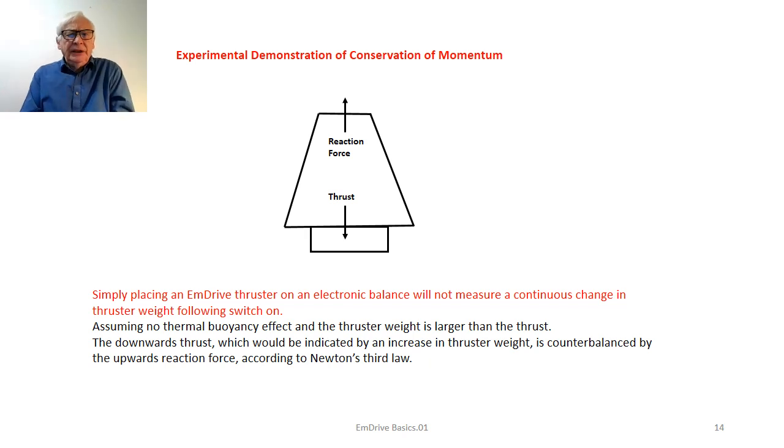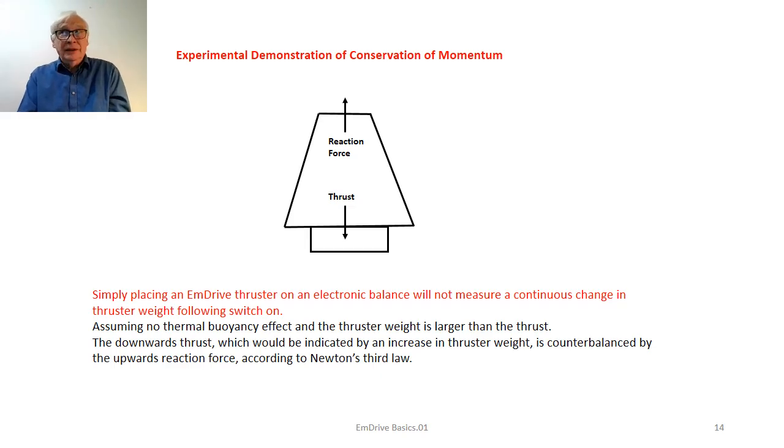Okay, so now we look at experimental methods of demonstrating the conservation of momentum in an EmDrive thruster. And I guess the first and obvious simple way of doing it is to place a thruster on an electronic balance, switch it on, and see if you measure any change in the weight of the thruster.